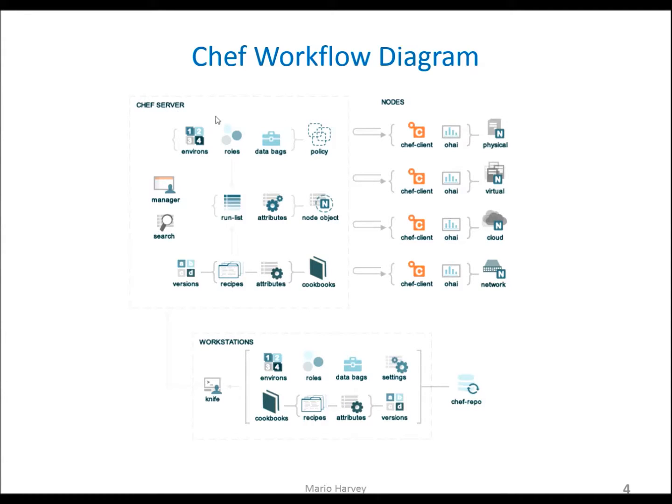And the Chef server creates these nodes, which are just servers themselves. They can be in AWS, they can be VMware, they could be in your own data center. Wherever your servers are, Chef can bootstrap them and have them ready to go.